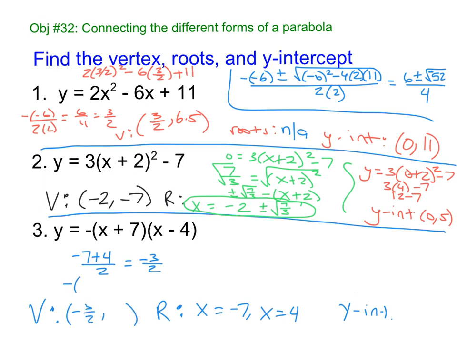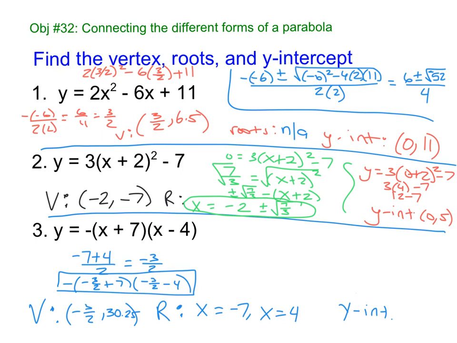So negative 3 over 2 plus 7, negative 3 over 2 minus 4. And you can plug this exact thing in your calculator, and it'll work. I got 30.25. All right.